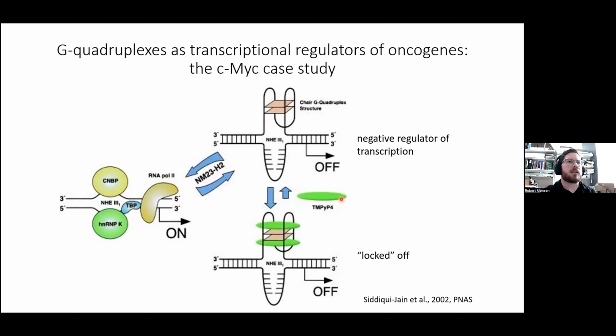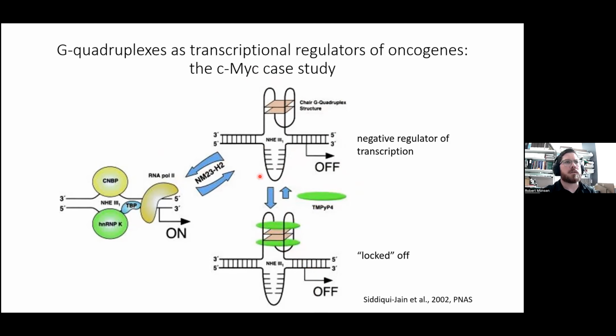What they did in this study is took this very high affinity G-quadruplex ligand called TMPyP4, bound it to this quadruplex and showed that you can lock this promoter into a transcriptional off state by stabilizing the quadruplex. So this kind of gets at the heart of what we're trying to study these promoter quadruplexes for, which is drug discovery efforts.